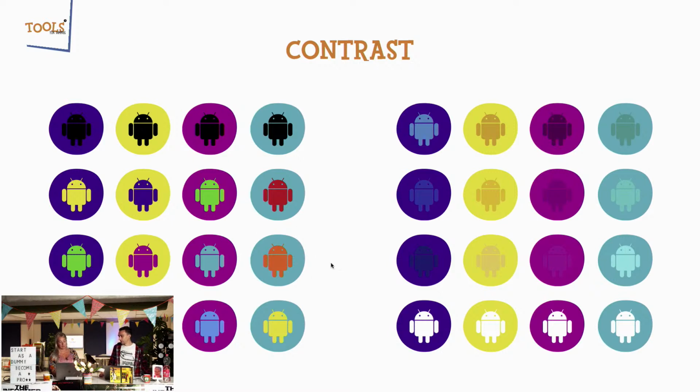Most of the time it's really wise to choose two colors that have a big contrast for your logo design, and then you can add another color that is in the same color palette of orange or blue, for example. So that's it for the colors. So you choose two colors or maybe three colors that have good contrast with each other, and think about the meaning of a color.